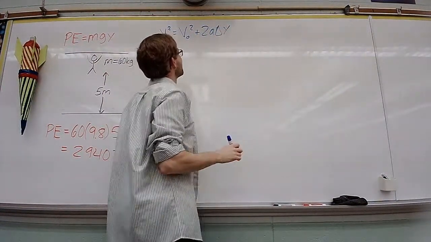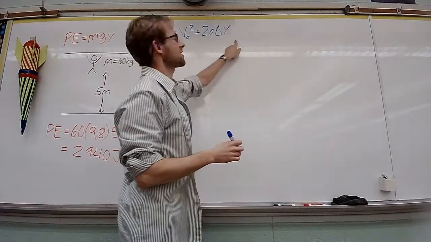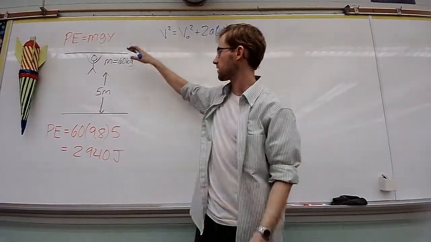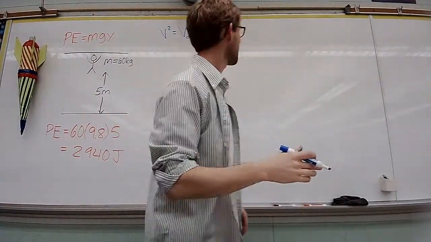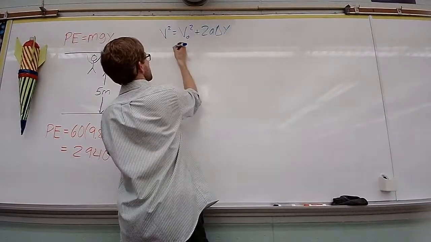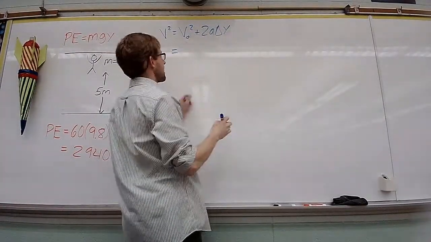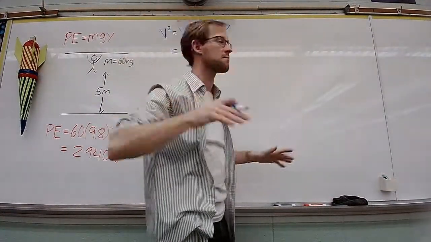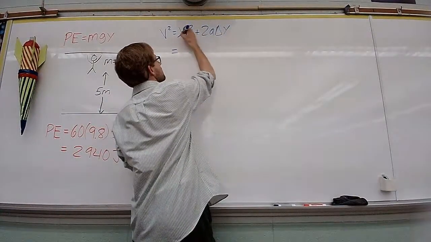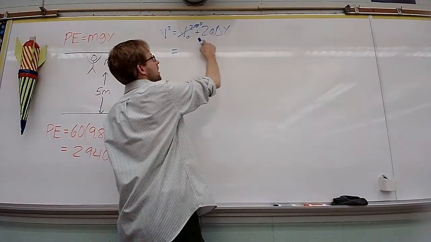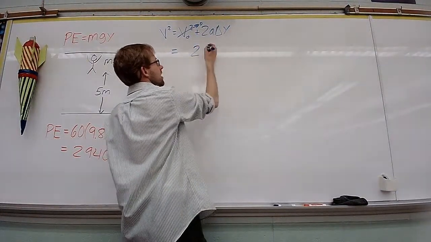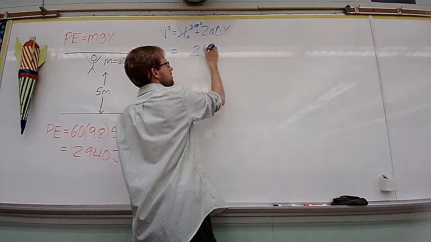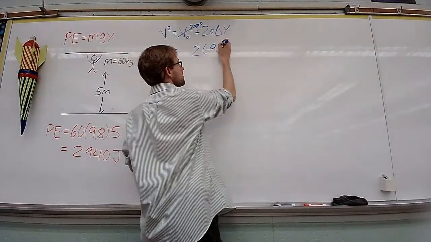This is something I could use to find out how fast he'd be going when he hits the ground. Let's just run the calculation real quick here. Original velocity is going to be 0 because when he lets go, he's not originally moving anywhere. So this is nothing. Then we've got 2 times acceleration, which is gravity, negative 9.8.